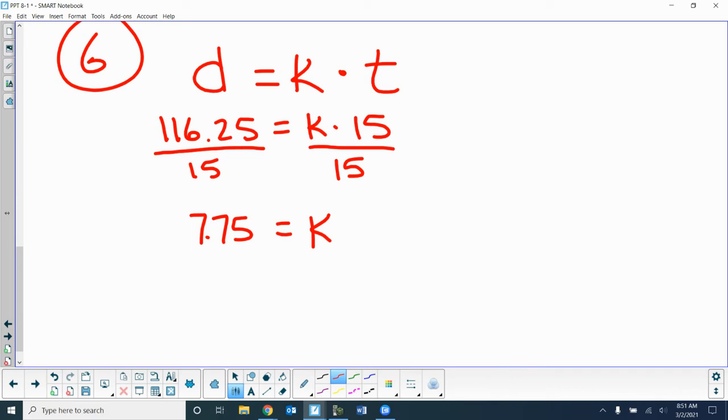How many dollars she makes when she works 15 hours. So what's this telling you? Her hourly rate, right? Does that make sense? Yeah, that's the concept. She's getting paid $7.75 an hour. Okay. Find how many hours she worked when she got paid $178.25.